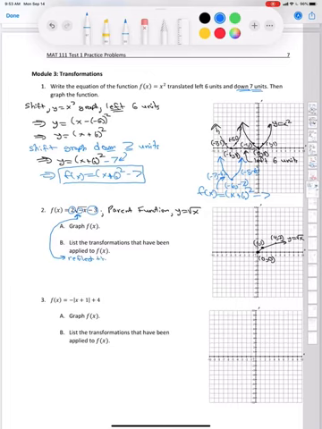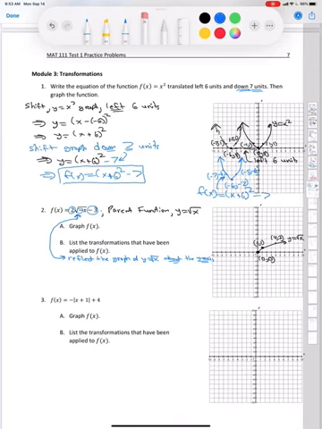So we're going to reflect the graph of y equals square root of x, which we already have graphed over here to the side, about the y-axis. Anytime you multiply your domain variable x by a negative, it's going to flip your graph across the y-axis.